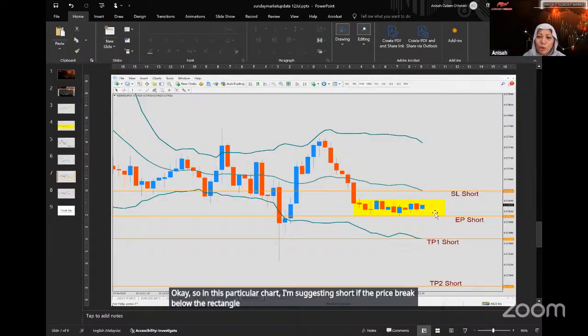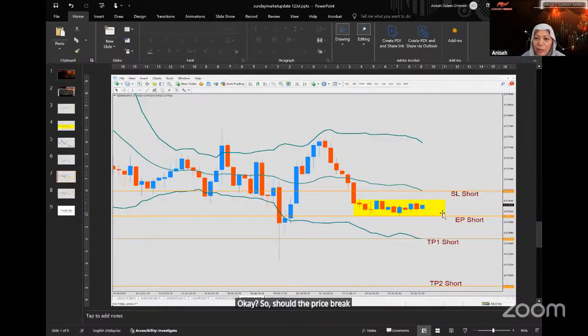Should the price break below the rectangle, your EP is 0.57611. Your first TP is the lower band line, which is 0.57569. And your TP2 is the intermediate support, which is 0.57479.